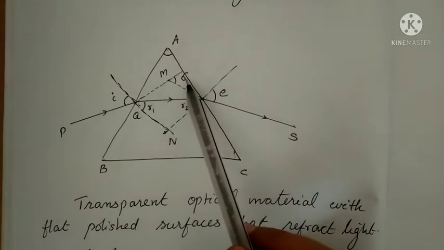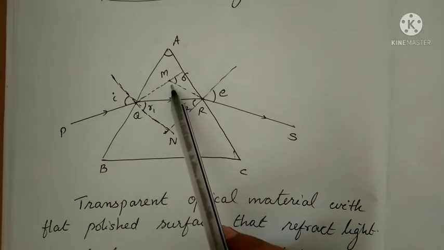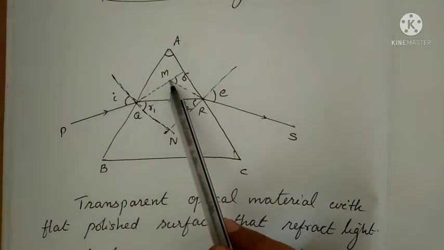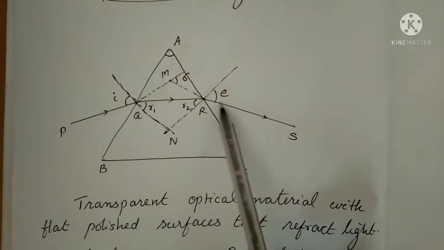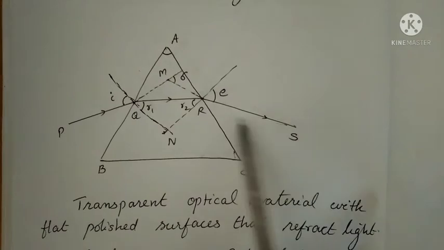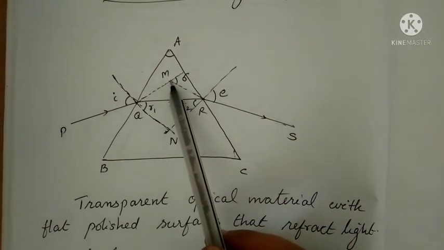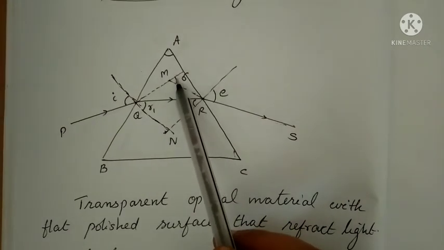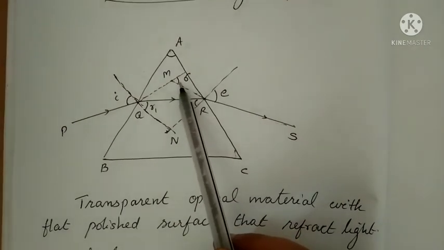Then this angle is the angle of deviation. Here, due to the peculiar shape of the prism, at this point the incident ray deviated from its original path. Then it emerged from the prism. So the angle by which the incident ray deviated from its original path is known as the angle of deviation.